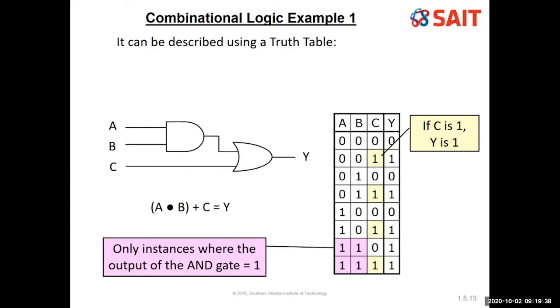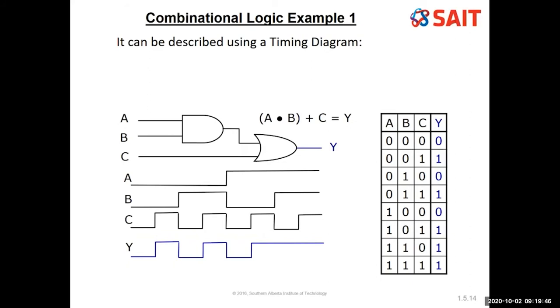Or the pictorial that we have there, or the written Boolean logic, all describing the same thing as this truth table. I can even create a timing diagram. So I have here 3 inputs changing over time. This is more typically what I do with a timing diagram if I'm trying to communicate how it works. If I look carefully at this timing diagram, A, B, C, it matches my truth table.